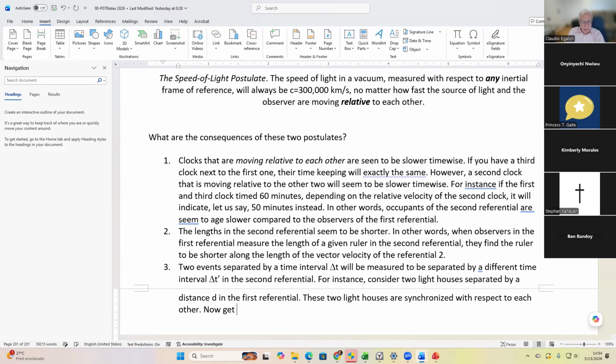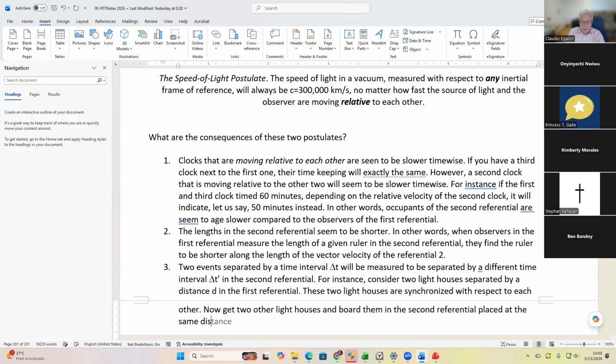Now get two other lighthouses, and board them in the second referential, placed at the same distance d, according to an observer in referential 2.